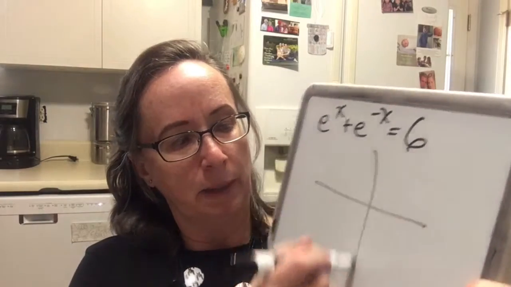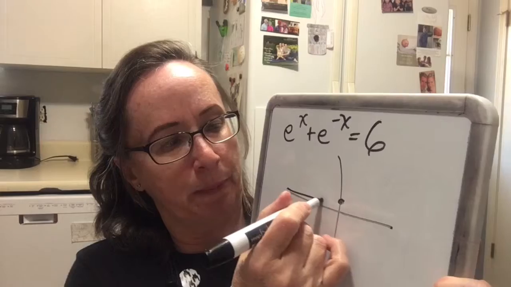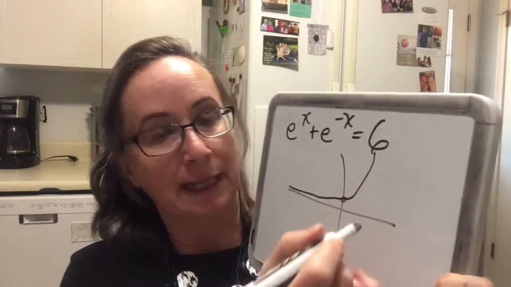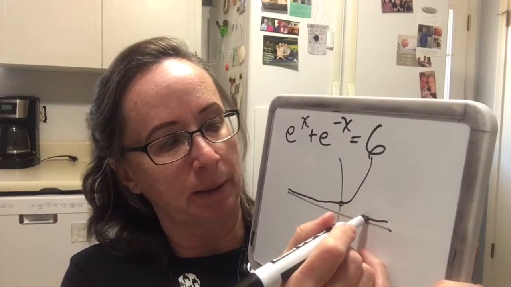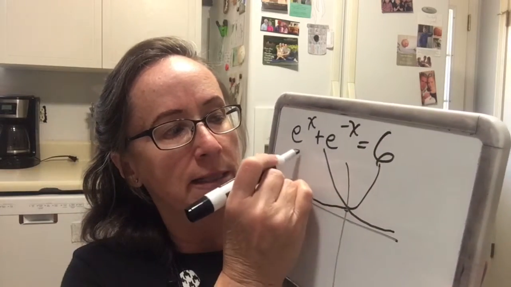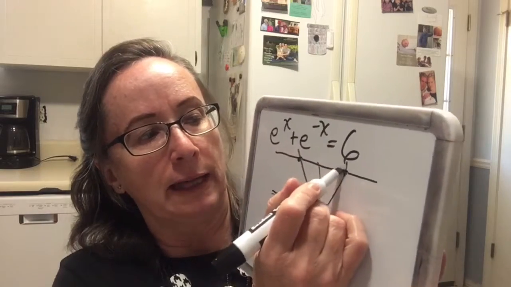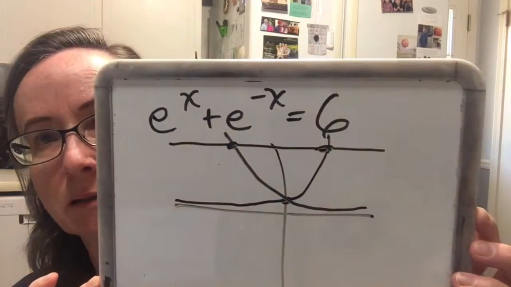Now remember that e to the x should be coming right there and sweeping up this direction, and then e to the negative x should be coming the other direction and going up like this. Okay, so up here at 6, we're looking for these intersection points.